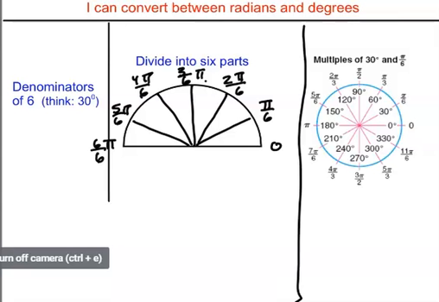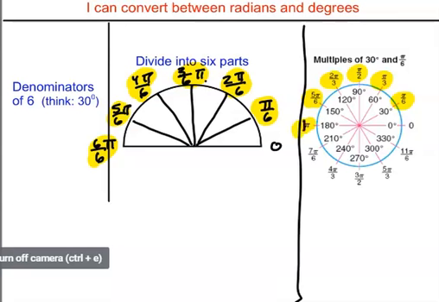Well, if you look at what the unit circle is, if we simplify that, 1/6 is just 1/6, 2 over 6 is 1 over 3, 3 over 6 is 1 over 2, 4 over 6 is 2 over 3, 5/6 can't be reduced, and 6 over 6 is the same as 1 pi, okay?